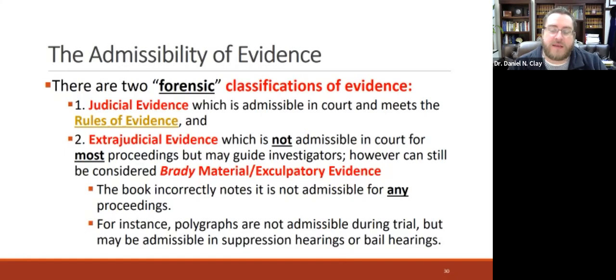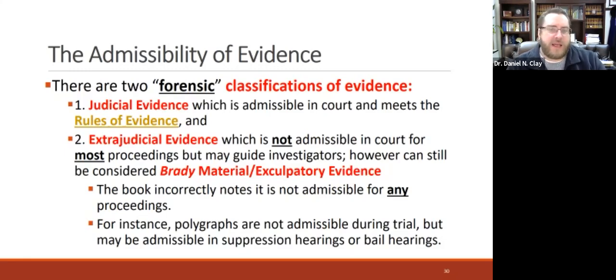That being said, let's say the police find evidence that's not admissible in court, and they use it, rely upon it, or even just discover it, and they've charged somebody with a crime as part of the investigation.